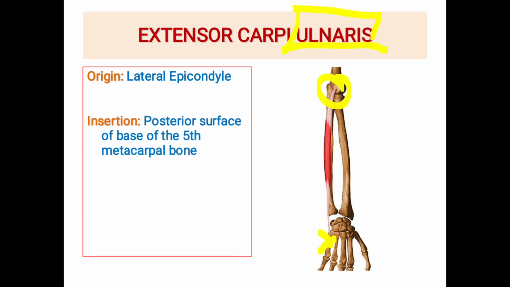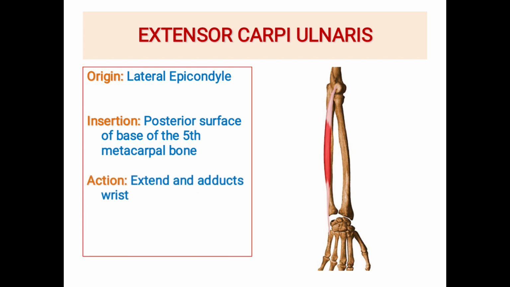Fifth metacarpal bone, base. Okay, so when you say base, this is the base of the metacarpal bone. Okay, this is the whole metacarpal bone, right? The base is right here.